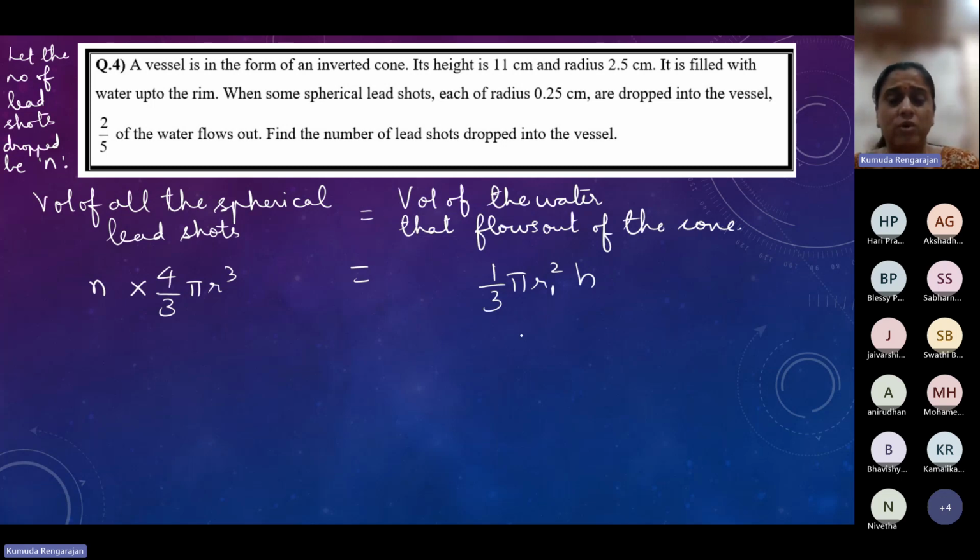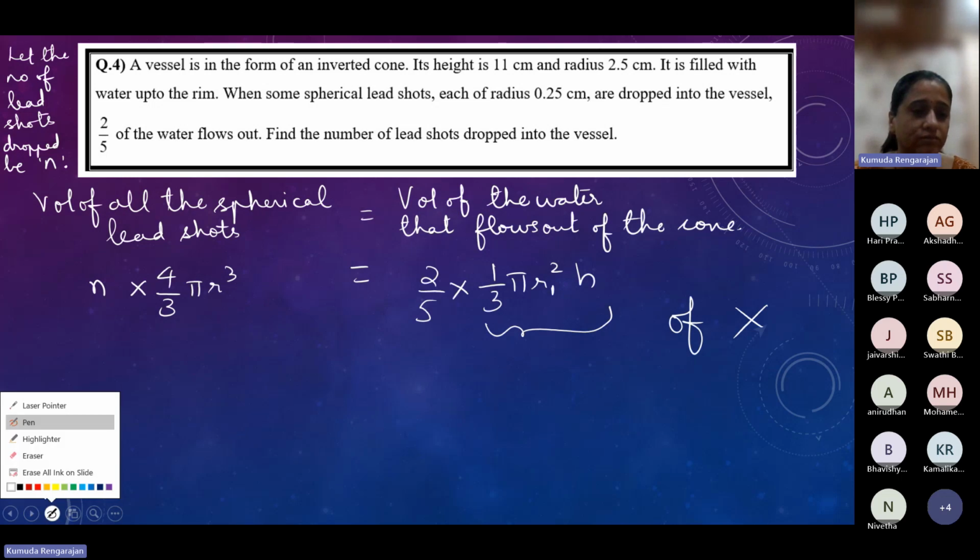No, all the water doesn't come out. 2/5 of this volume flows out. So 2/5 into this. Of stands for multiplication.